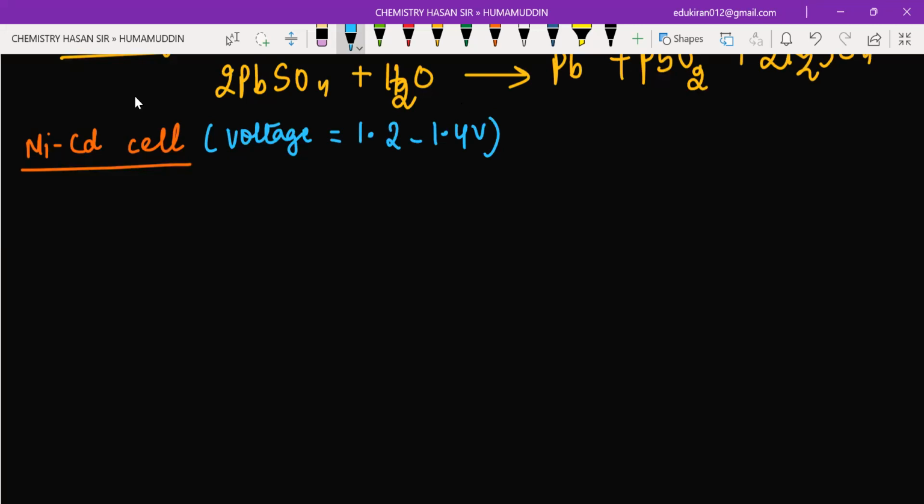Just wait a minute. Now you can see this is the voltage range. Now again I'm gonna write: anode here is made up of cadmium, Cd, and cathode here is made up of nickel hydroxide.